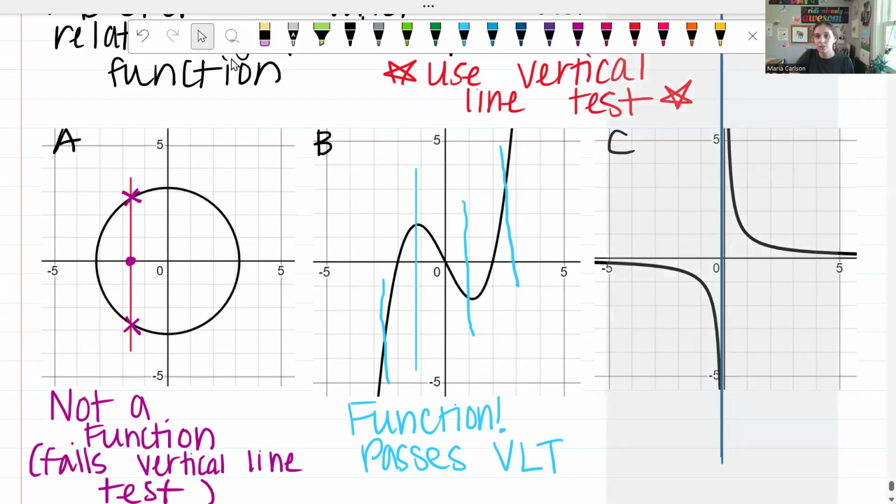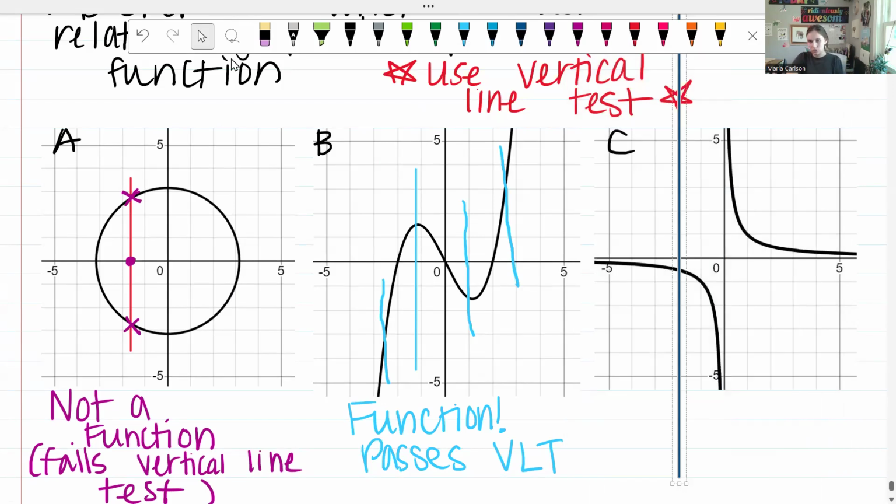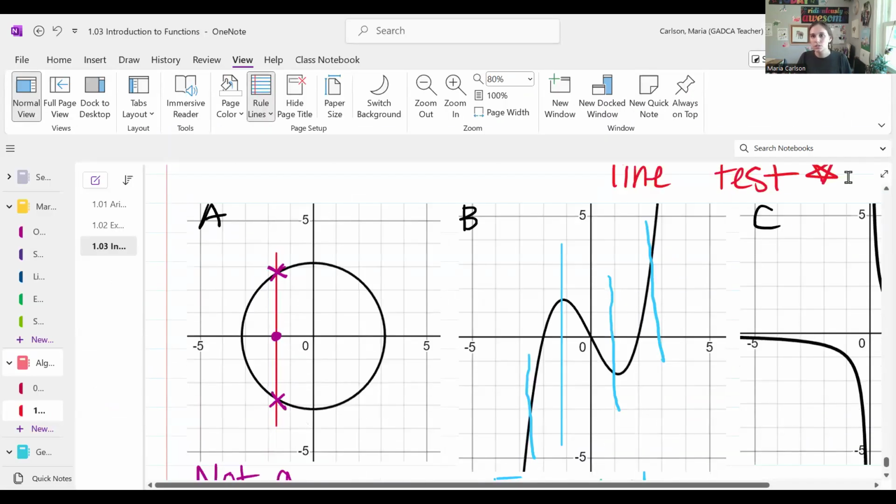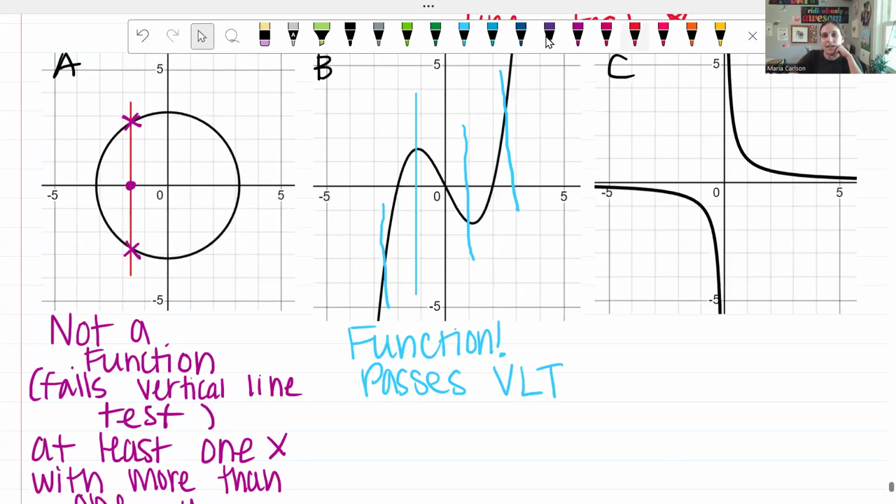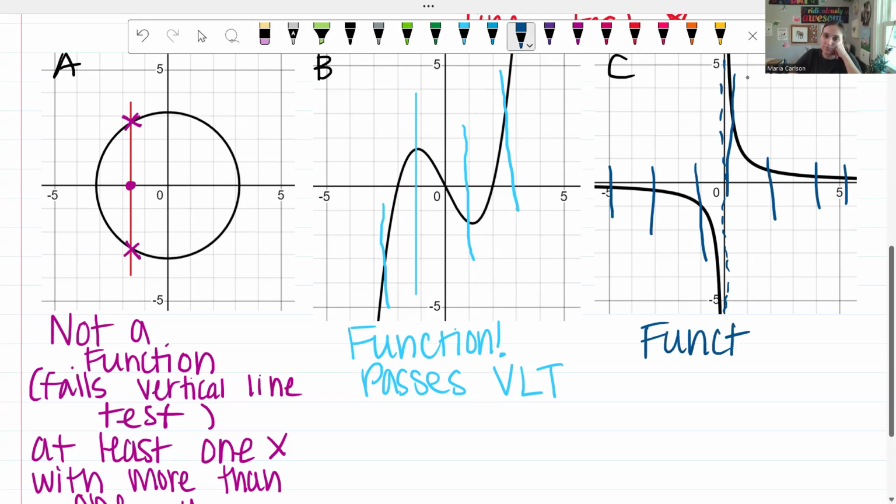That invisible line that runs down here is what we call an asymptote, and the function will never actually cross that line. So there is no place where the graph will cross at more than one y value. So no matter where I am drawing that vertical line, it passes. So this is a function. It passes the vertical line test.